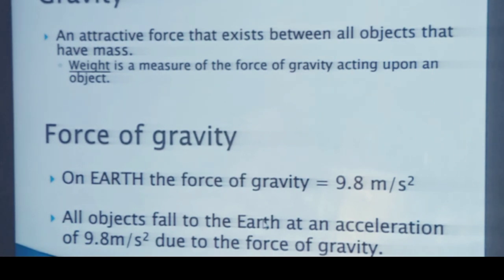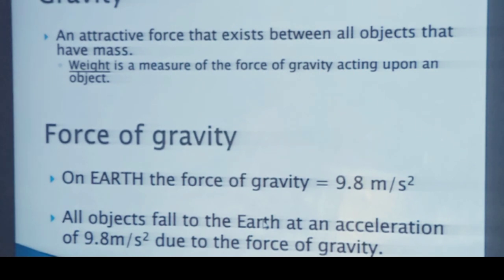In the same manner, when we talk about the acceleration due to gravity, we also symbolize it by small g. There we mainly talk about free falling bodies. Like if you drop a body from a certain height, it starts falling down. Why?